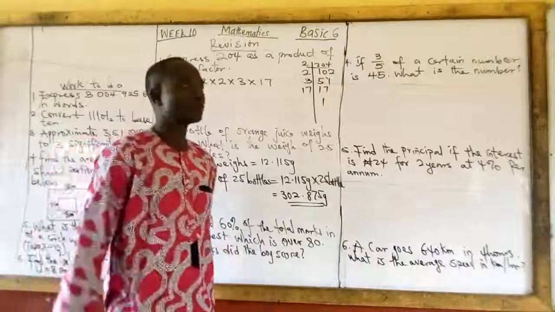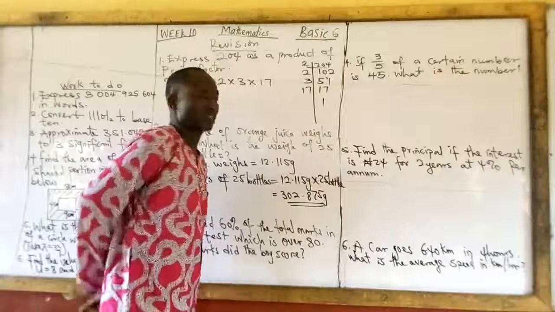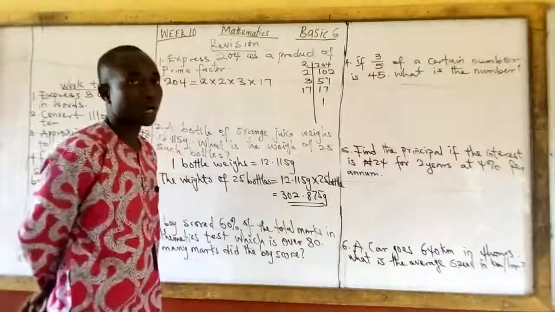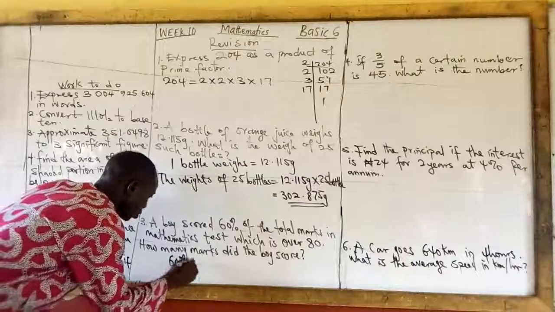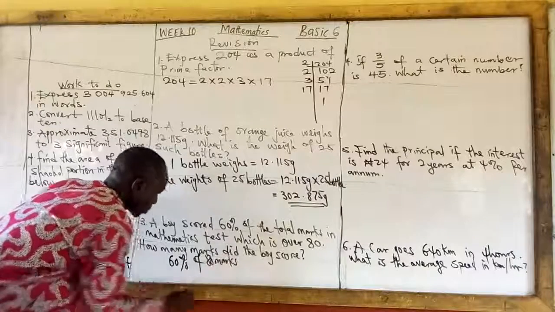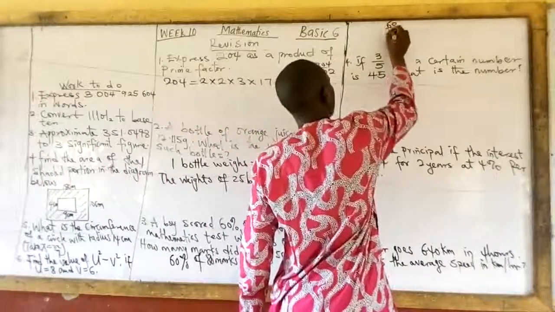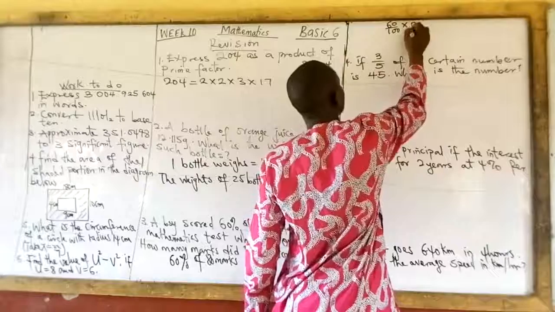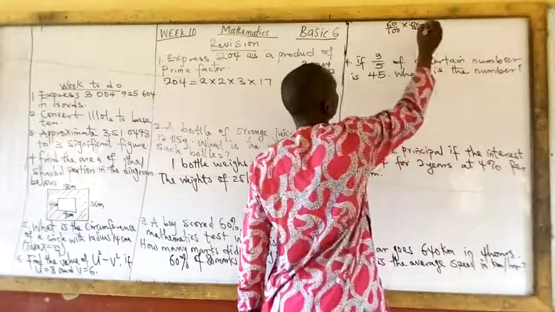Maybe in an exam you score 60%, and the total marks there is 80. How many marks did you score? Now let's look at it. 60% of 80 marks will be equals to 60 over 100 multiplied by 80 marks over 1.